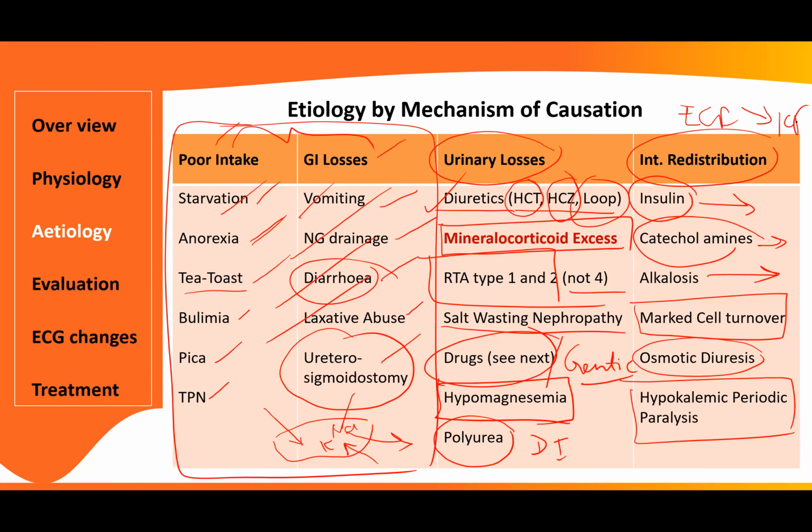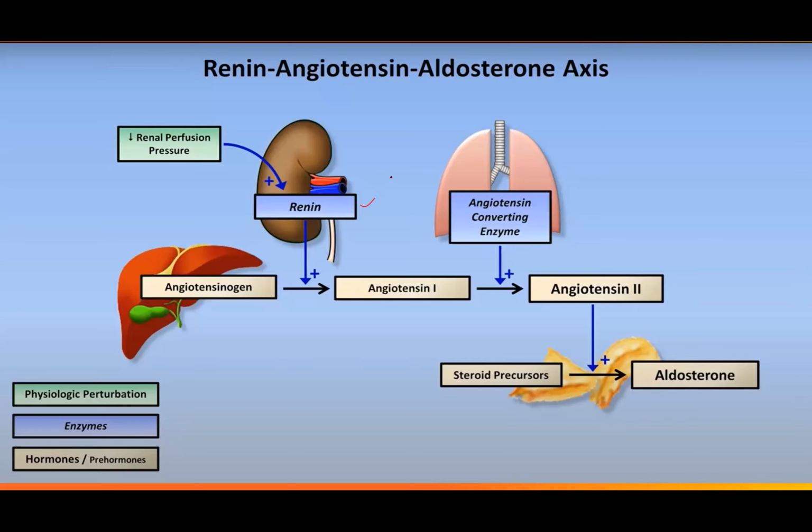Okay, let us look at a little bit about the renin-angiotensin aldosterone axis. When there is a decrease in the renal perfusion pressure, automatically the juxtaglomerular apparatus secretes a substance called renin. This renin is an enzyme which catalyzes the conversion of a protein called angiotensinogen to angiotensin 1.